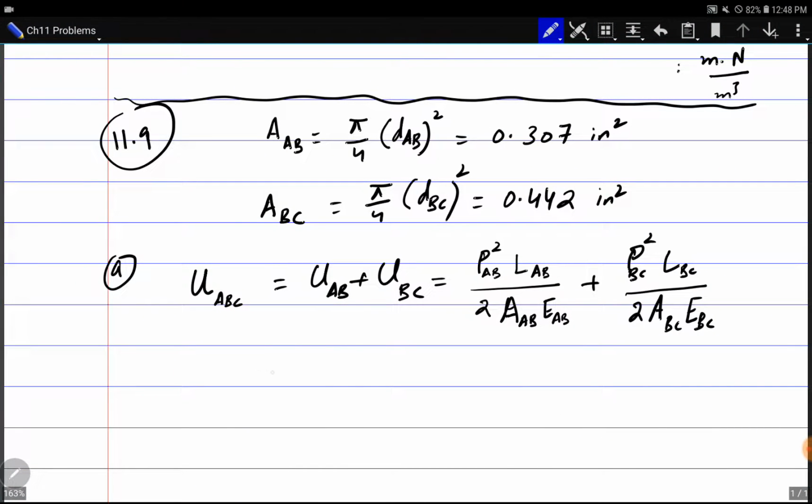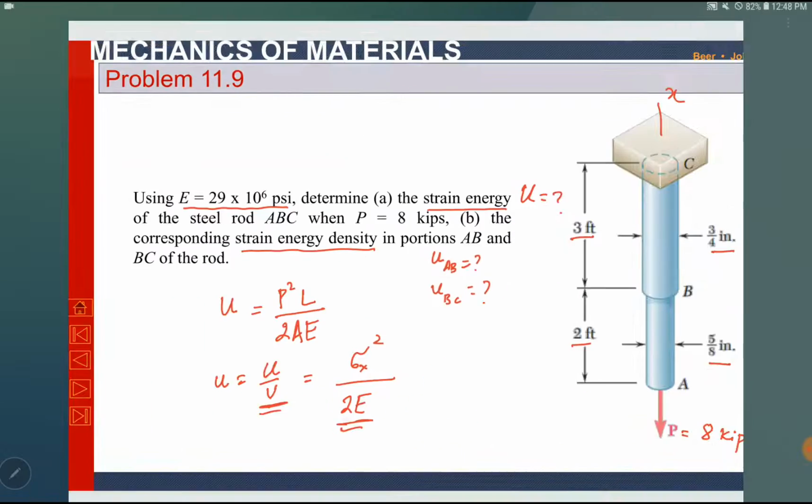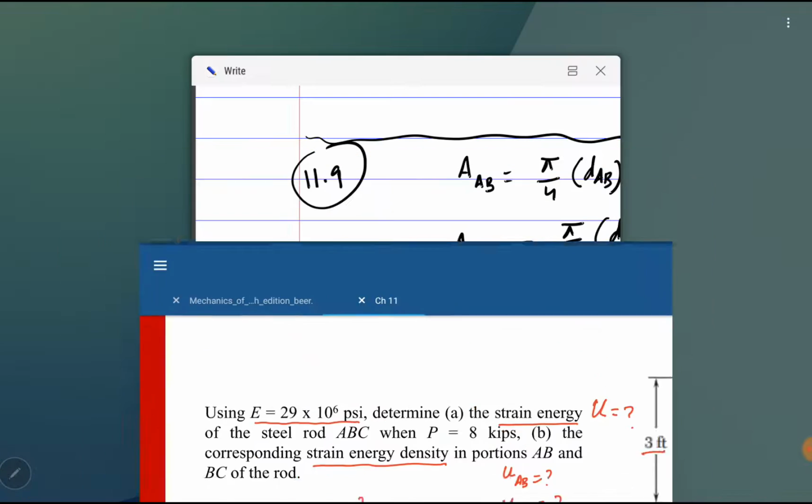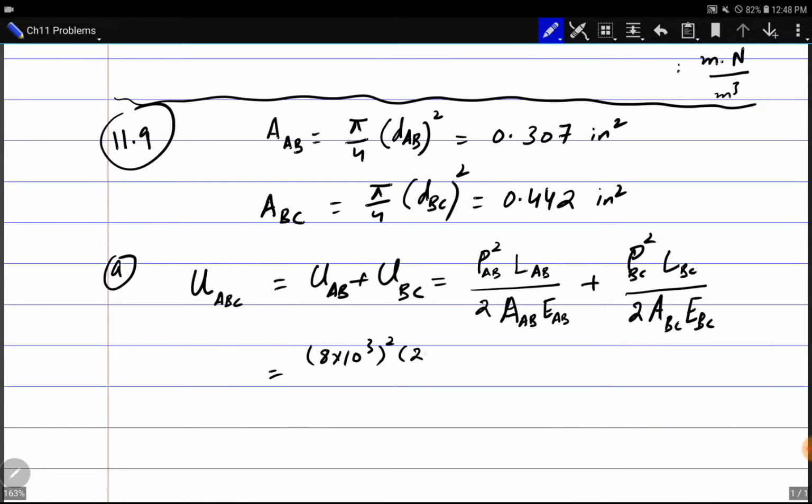Okay, so let us put the values. P_AB and P_BC are both 8 kilopounds, (8 into 10 power 3) squared. Length of AB is 2 feet, so 2 into 12 inches, divided by 2 times area of AB, which has been calculated, times E, 29 into 10 power 6 psi.